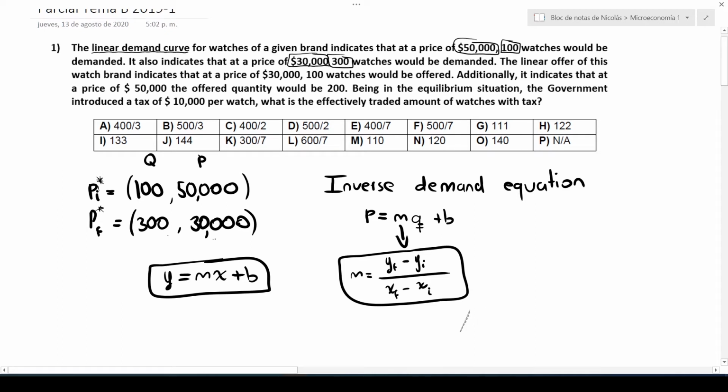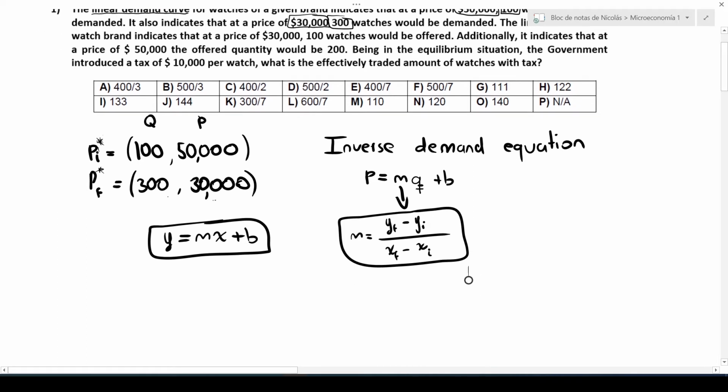So we know that linear equations can be given in the form of y equals mx plus b, y being the dependent variable, m the slope, x the independent variable, and b the y-axis cut. So in order to find the inverse demand equation, we're going to be changing those variables to the ones we're using. So it's price and quantity.